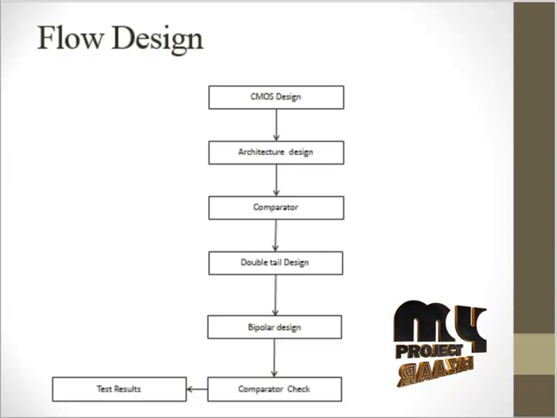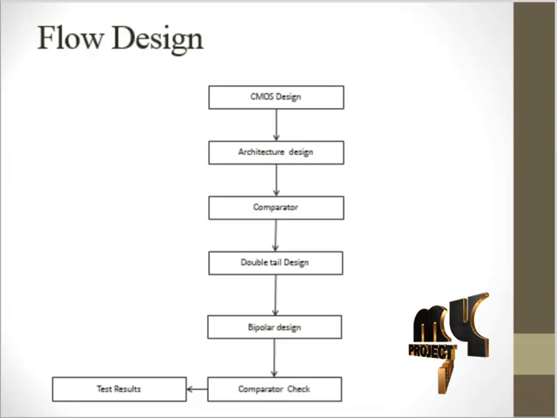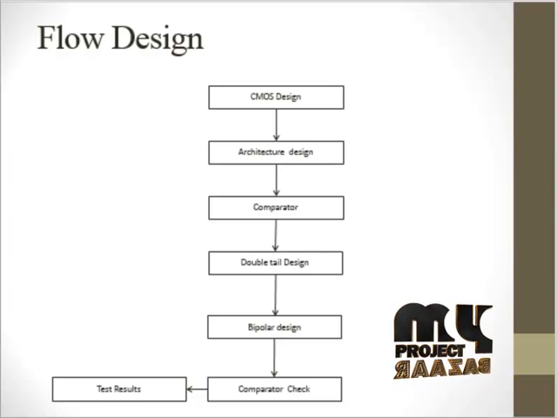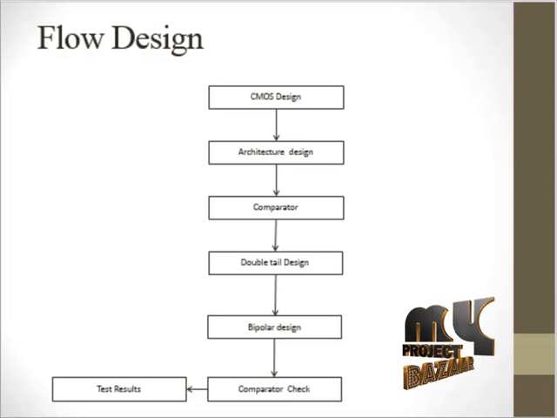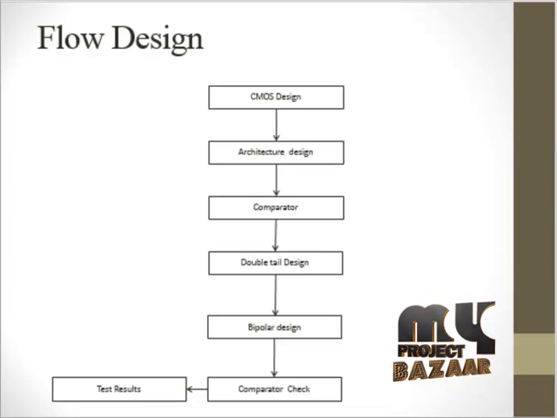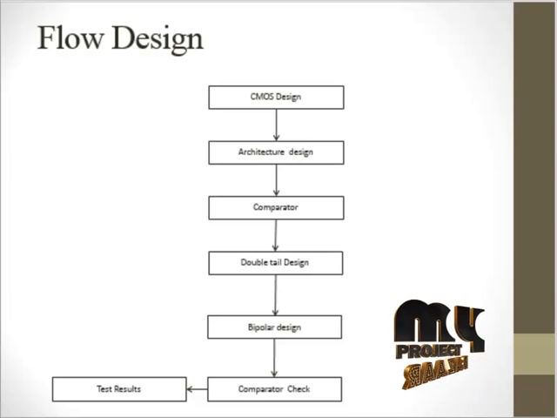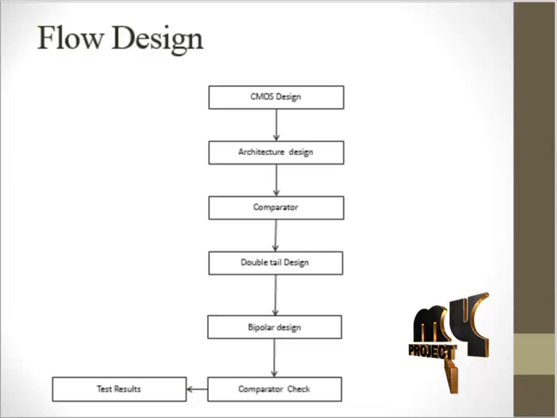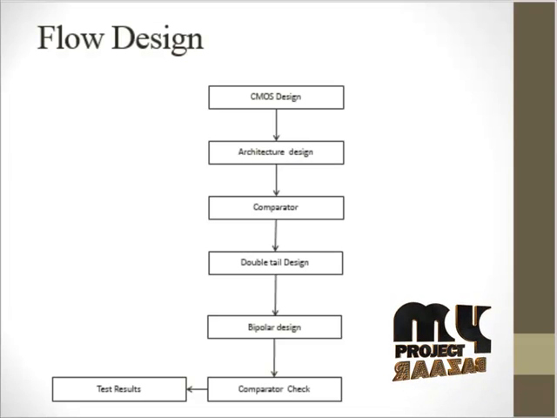So for both input sections, the comparison gives a high level only for the output processing. Again we go to the double tail design. This is the dynamic process, where we get the output through the parallel connection of the CMOS and PMOS.